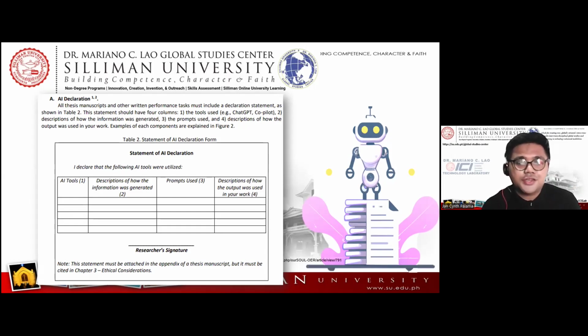Okay, everyone, what do you think is the purpose of AI declaration? The purpose of AI declaration is what? This ensures transparency, right? Aside from transparency, accountability and adherence to legal and ethical standards to foster responsible use of artificial intelligence.